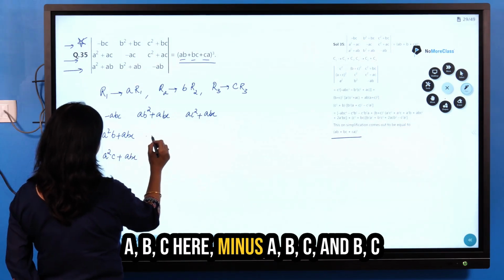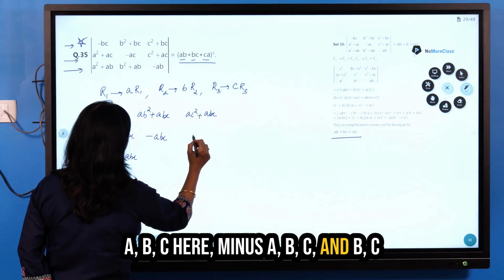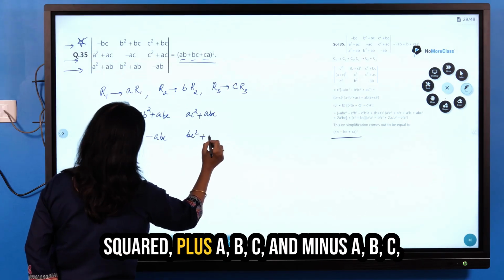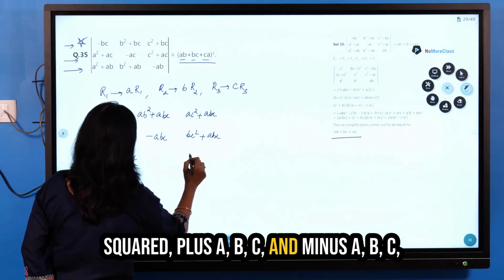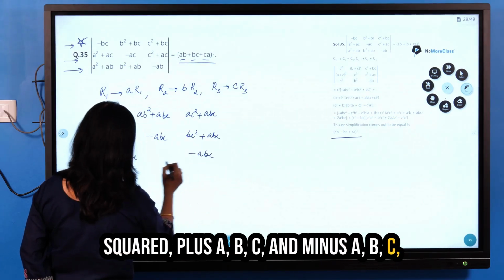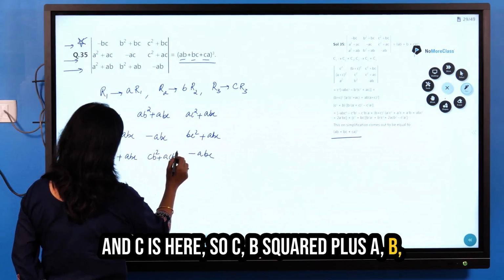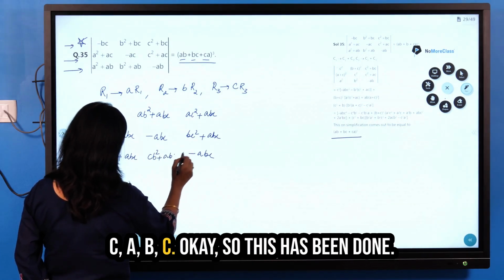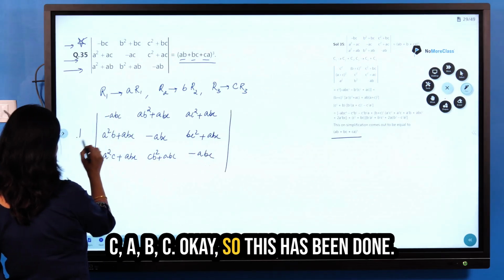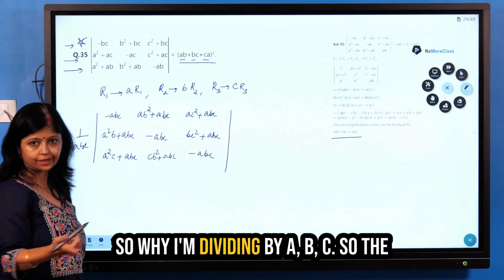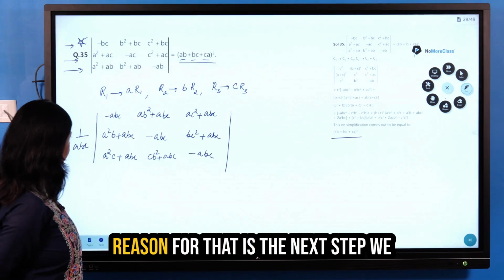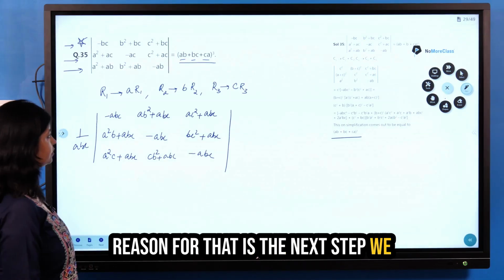Here minus ABC and BC square plus ABC, and minus ABC and C is here, so CB square plus ABC. Okay, so this has been done, and I am dividing by ABC. The reason for that we will understand in the next step.